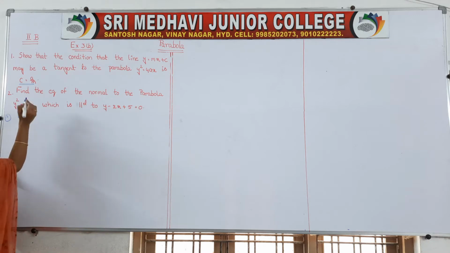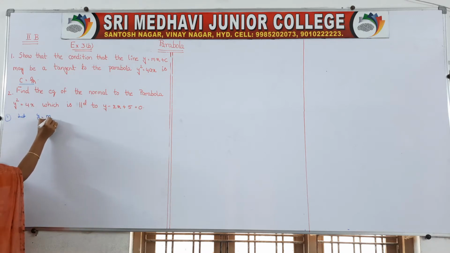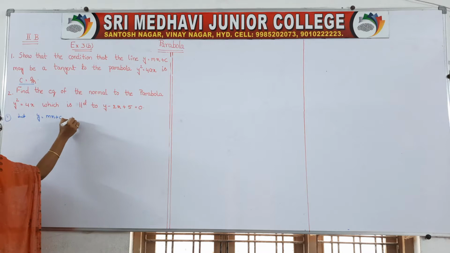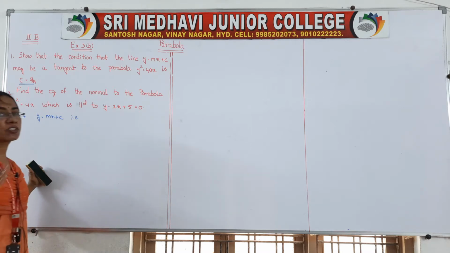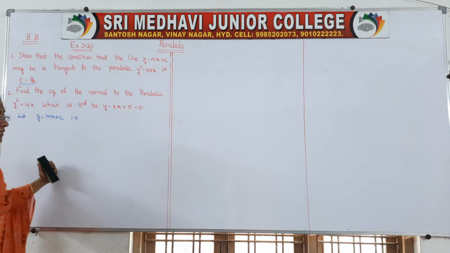So let y is equal to mx plus c, let us write that in line form. How will we write the line? First x term, then y term, then constant term.